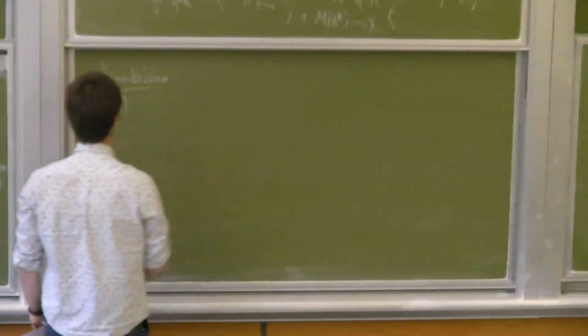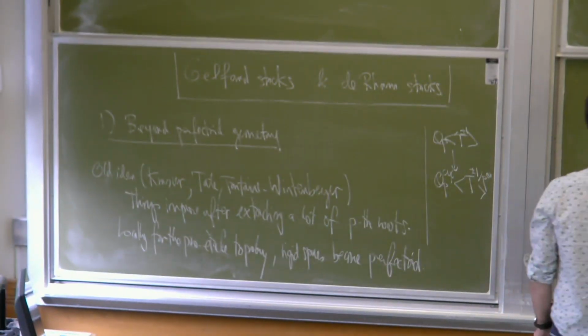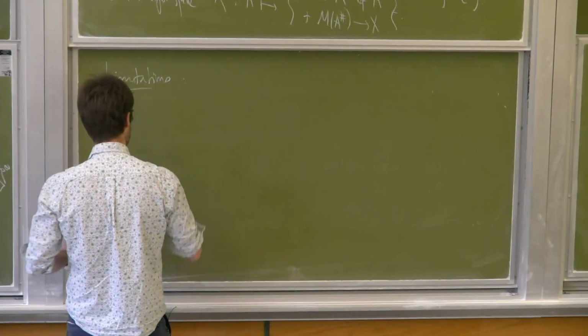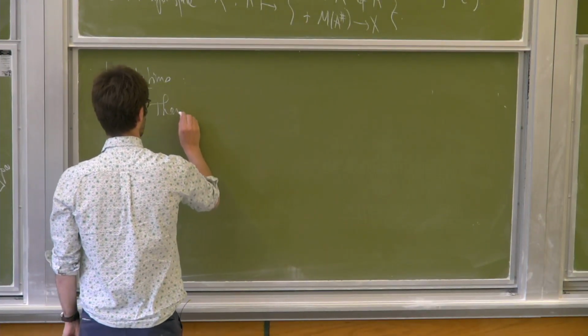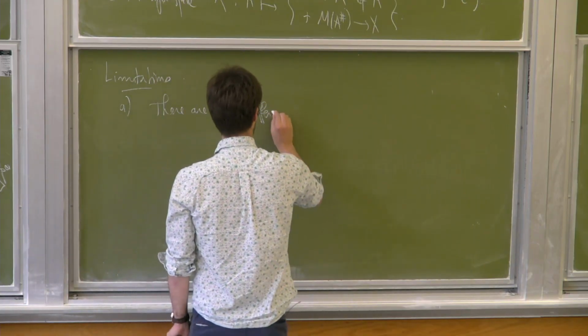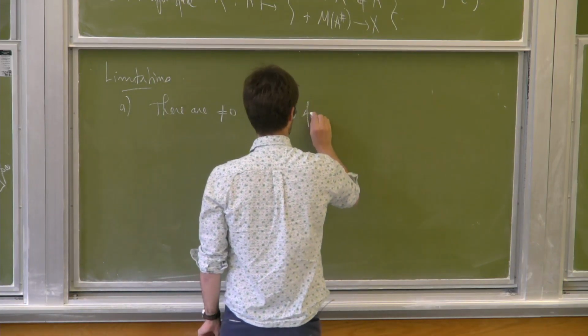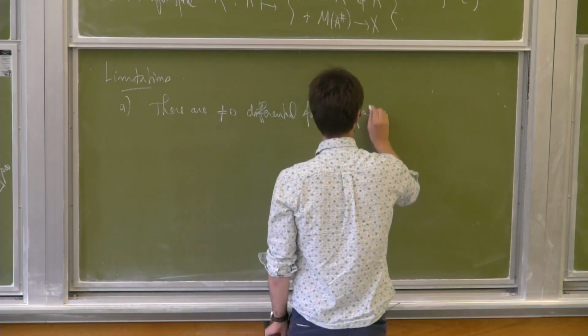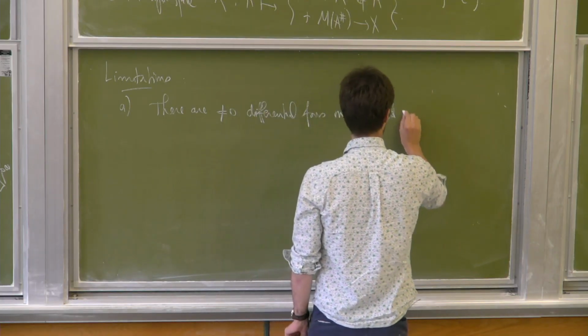The first drawback is related to point one. And it's just the basic observation that there are no non-zero differential forms on perfectoid spaces.